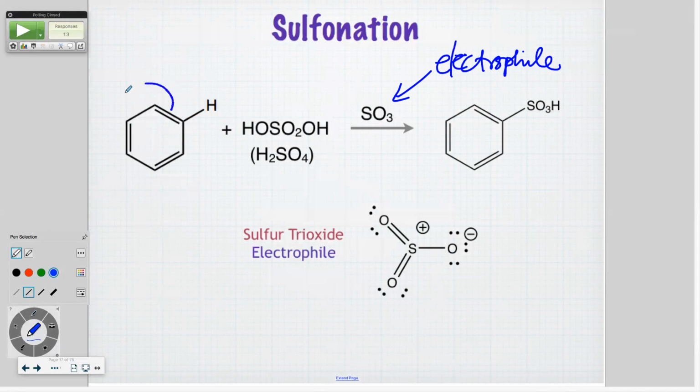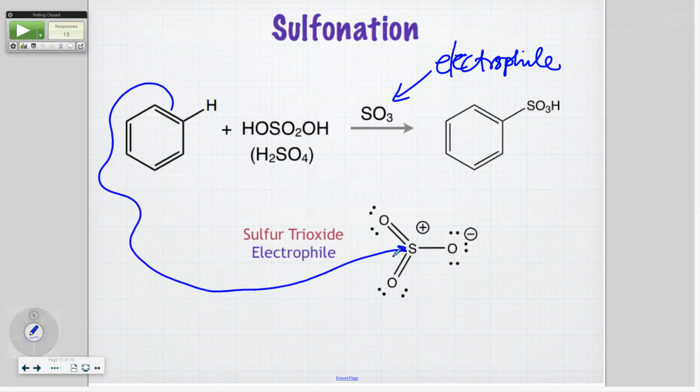Okay, so we're going to go to the S. Then what will happen is you can go out to the O. Now remember, sulfur does break the octet rule, so you can even write your sulfur trioxide like that, with 12 electrons around the sulfur.